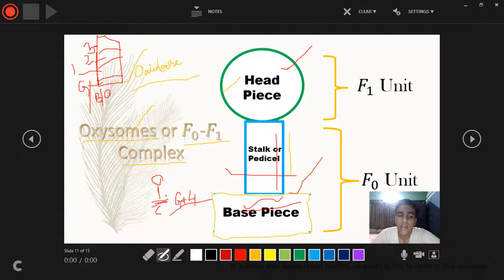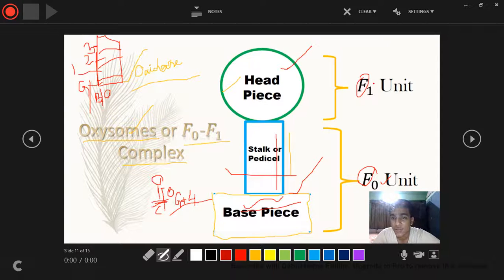So can't we call this structure the F zero? We can. F is generally a unit named by the person who first saw it, Pullman maybe. He named this F. There is nothing else, just to make you understand the digit.